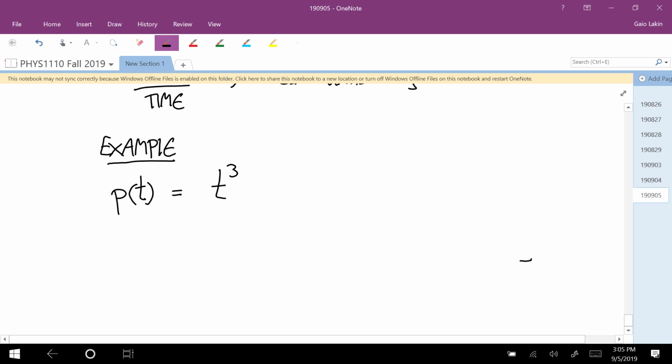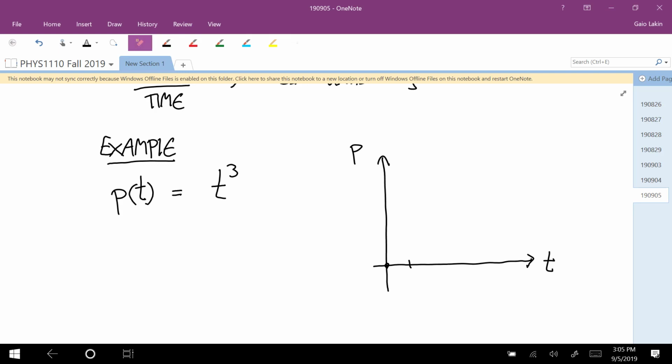If you graph a position versus time graph, you have 0, 0, you have 1, 1, and then you have 2, 8. So it looks like a parabola, but it's steeper.